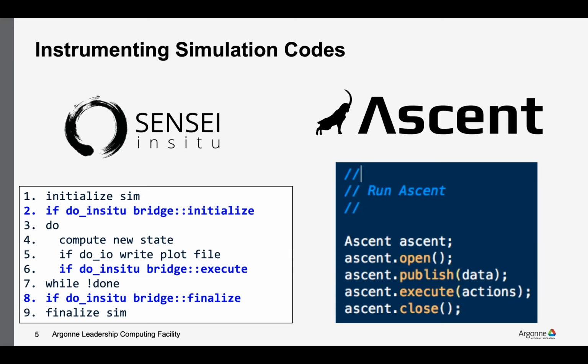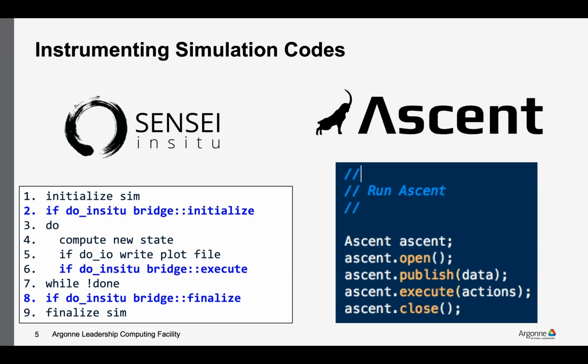So when you instrument the code with Sensei, you also insert an initialization for something called the bridge in Sensei, and that's what interfaces the simulation with the vision analysis code. Then in every new time step, when there's new data, you call execute.